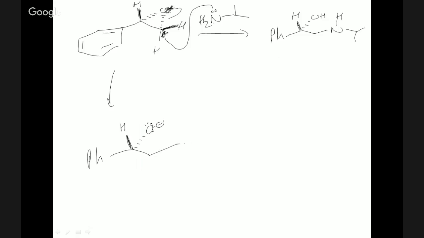What do we have? Initially, we have the protonated nitrogen, but we can go 1, 2, 3, 4, 5. In this case, we can show an intramolecular deprotonation.